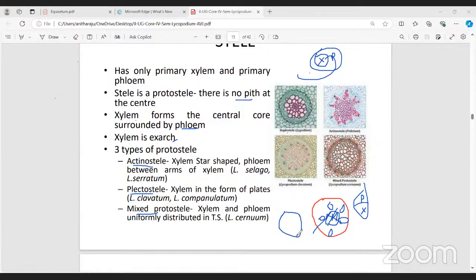Xylem formation starts on the outer side, and the center is the inner side. One xylem cell, second xylem cell, third.